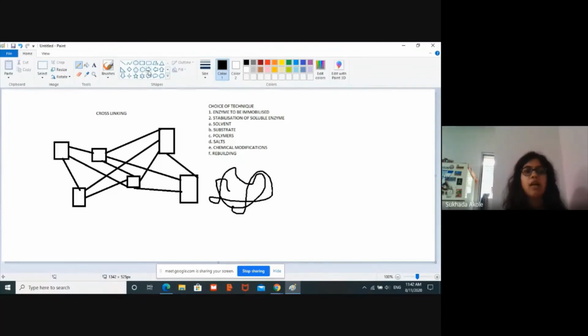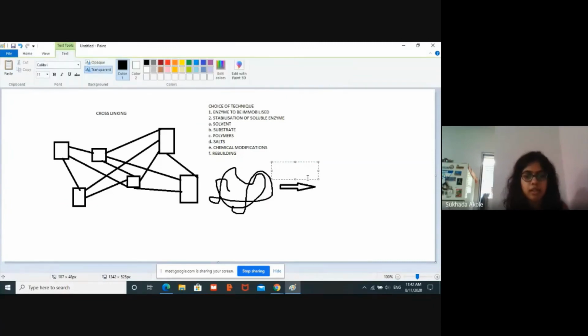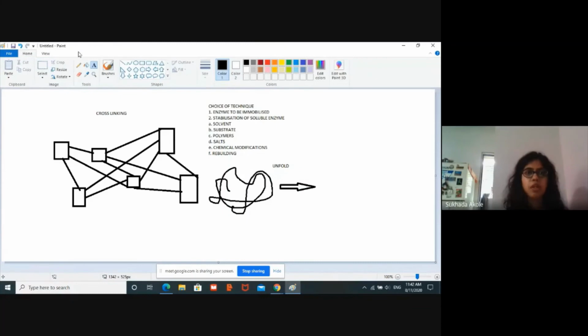So I have to rebuild it. How do I rebuild it? The first step here is unfolding it. So I unfold it in such a way that instead of this, it becomes something like this. Okay.